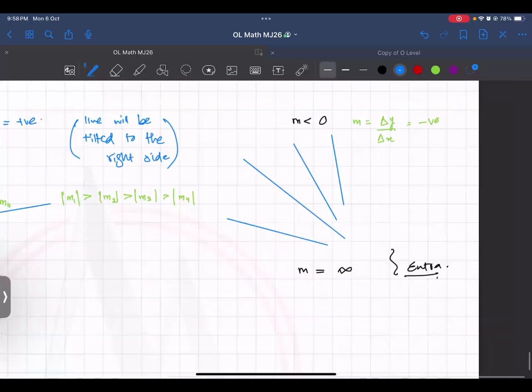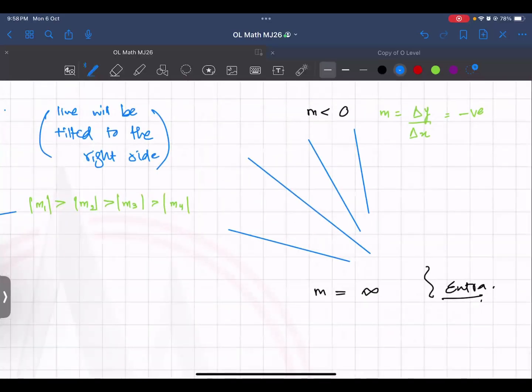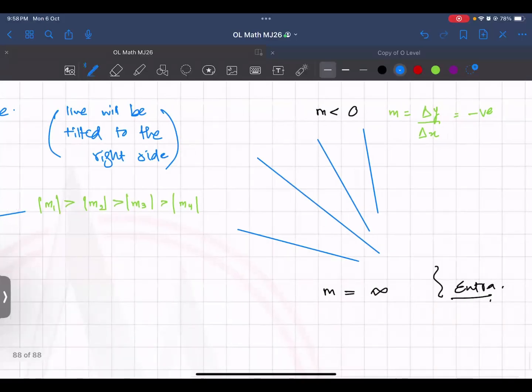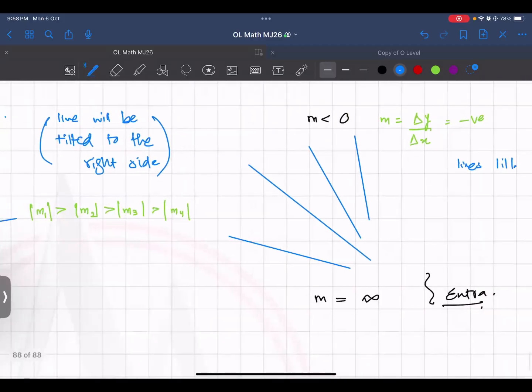All of these lines which are tilted to the left side, slightly left or fully left, will have a negative gradient. Lines tilted to the left side, yes.